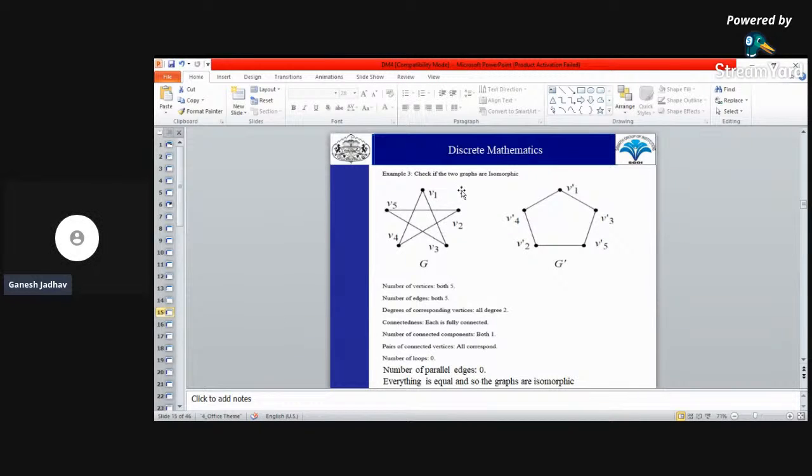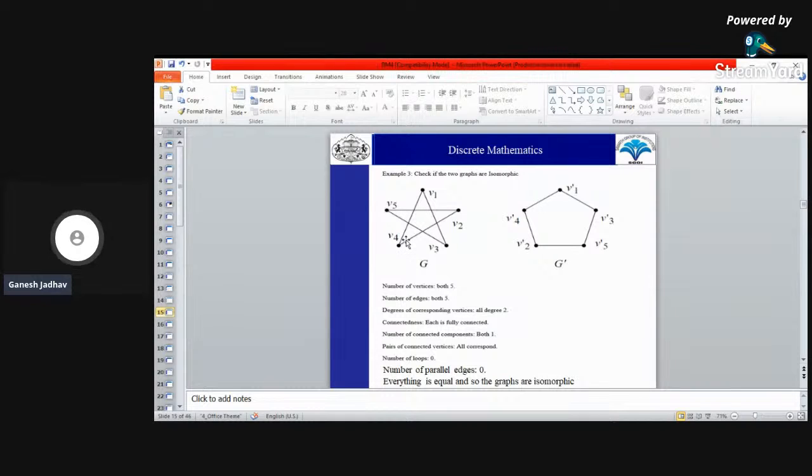Here they give you an example to check whether two graphs are isomorphic or not. These are all the conditions. First, the number of vertices: 1, 2, 3, 4, 5 here, and 1, 2, 3, 4, 5 here.